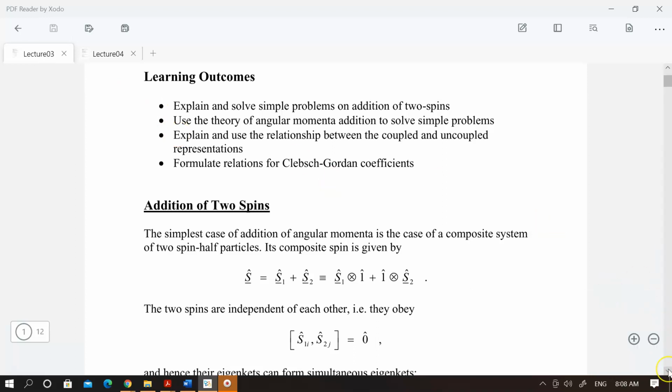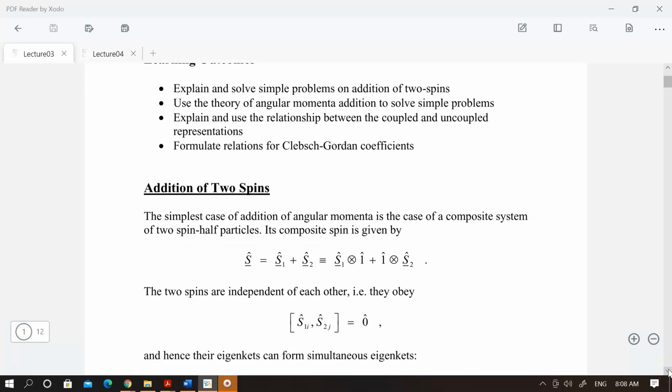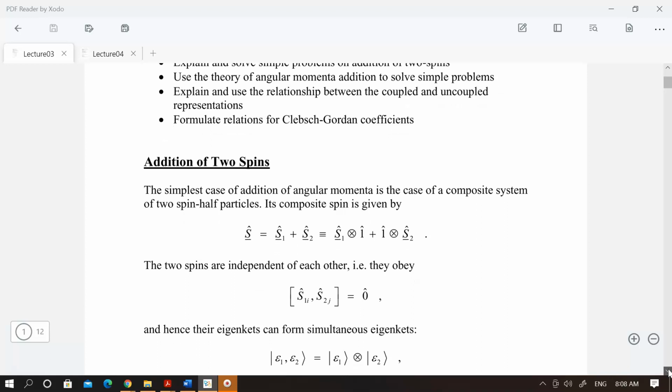So, more or less, we have come across this addition of two spins. I already mentioned that one has to be careful the way it's been written down in certain books. Sometimes they just simply write this as addition of two vectors.